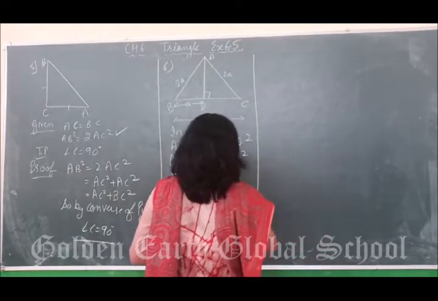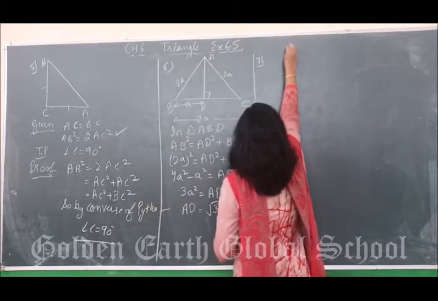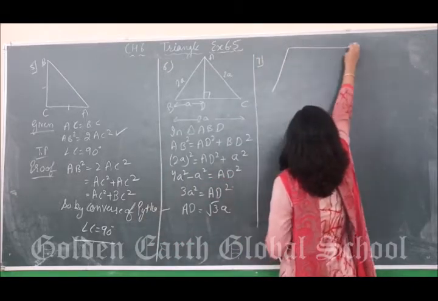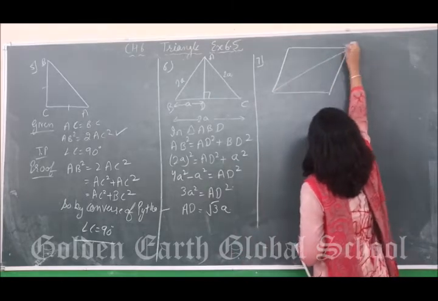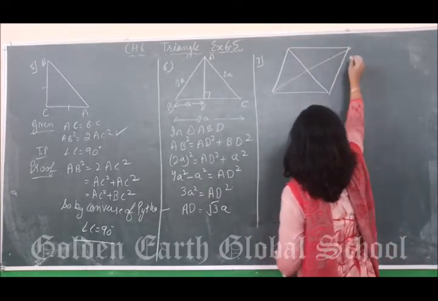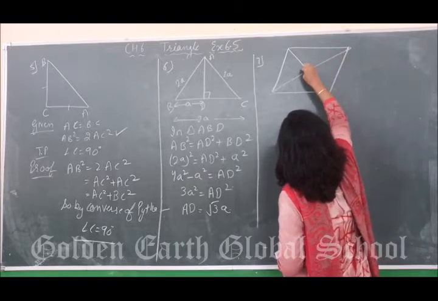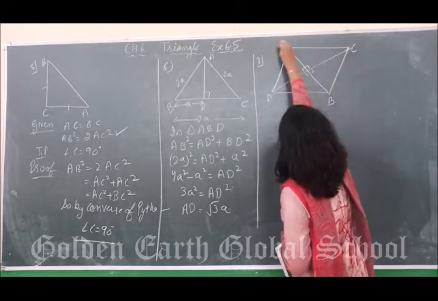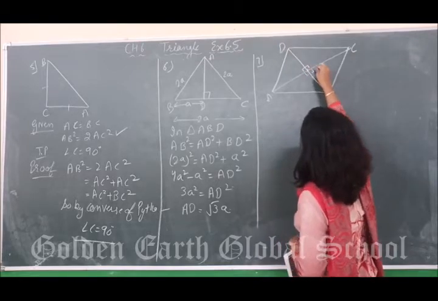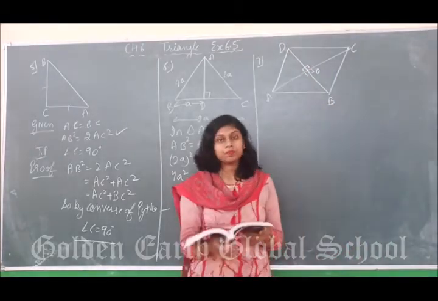Perpendicularly bisect means diagonals cut each other at 90 degrees. This is O point. Clear?